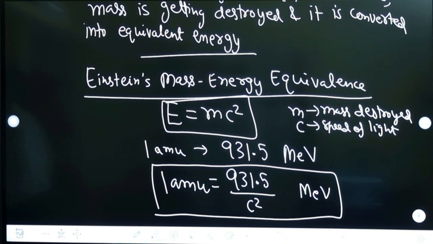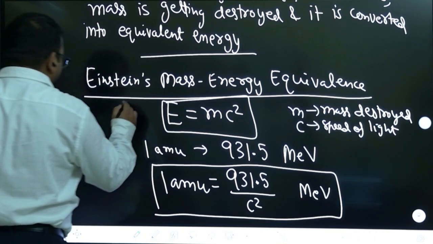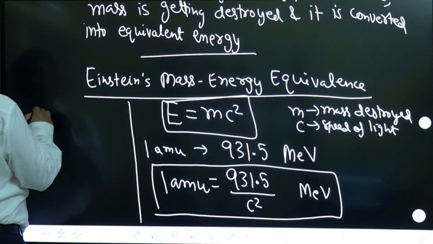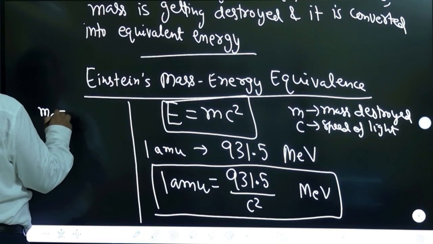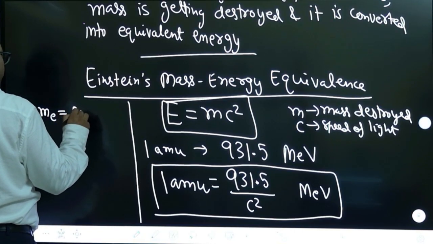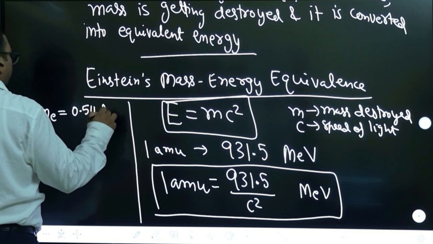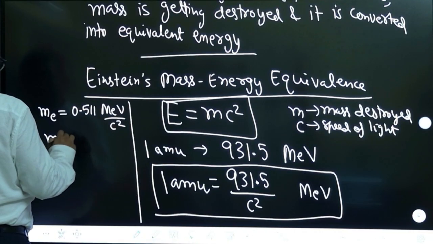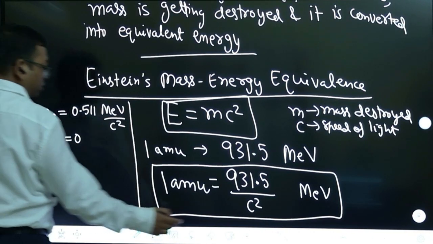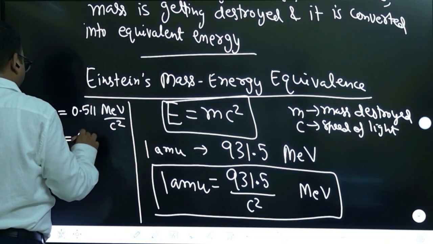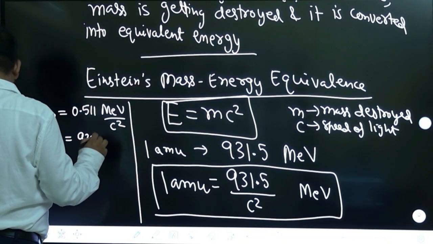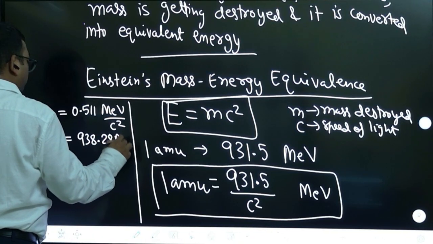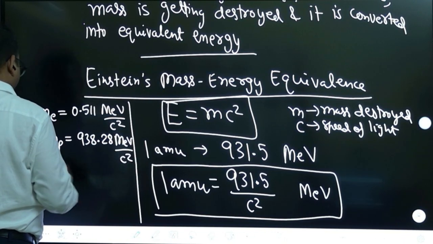Now here we should also note what happens if we destroy one electron. The mass of one electron can be converted as 0.511 million electron volt by c square. The mass of one proton can be converted as 938.28 million electron volt by c square.